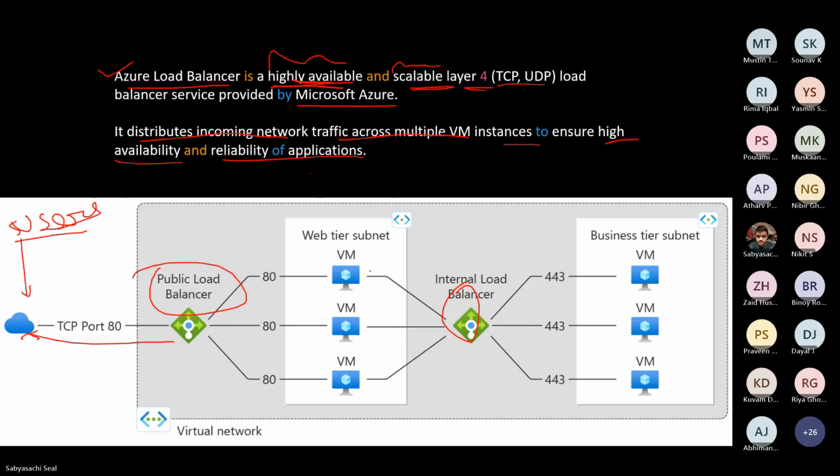This is actually load balancing between the VMs. This VM is requesting something, and it says, okay, you want to get some sort of data, let me send it to this. This is requesting, it's sending to this. So it's internally load balancing, but it is never going to the users directly. Look at the public load balancer.